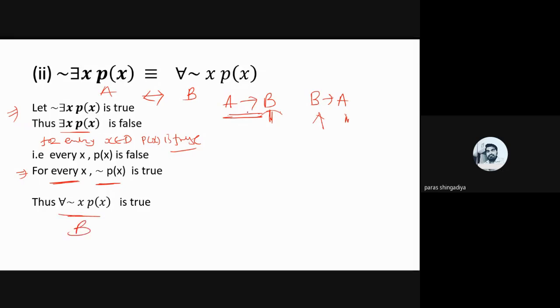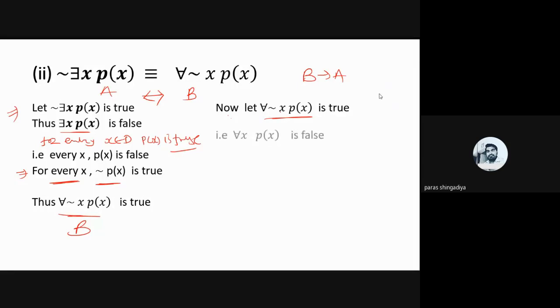And now let us check B to A. What is B? We first consider B is true, and then based on this we show that A is also true. So B is here: for every x negation P(x) is true.